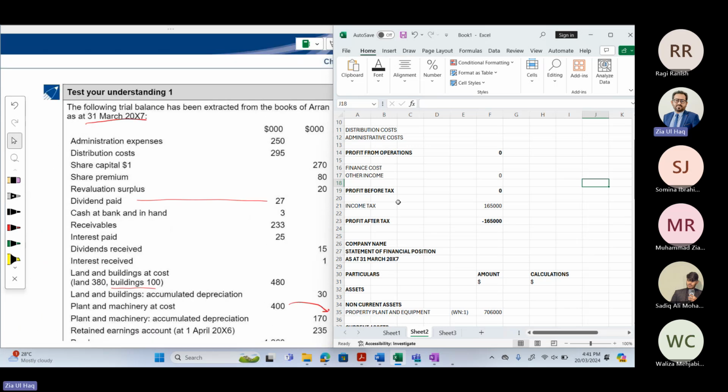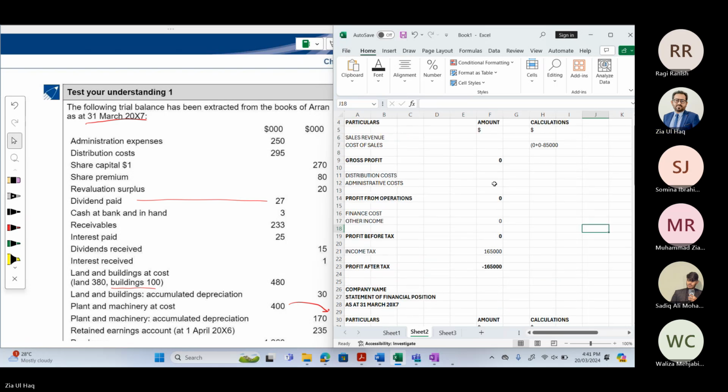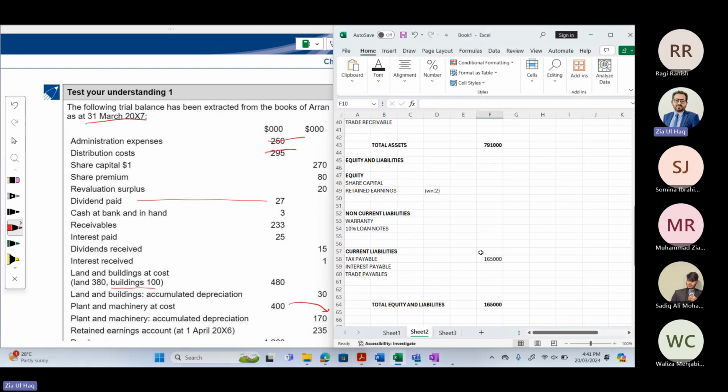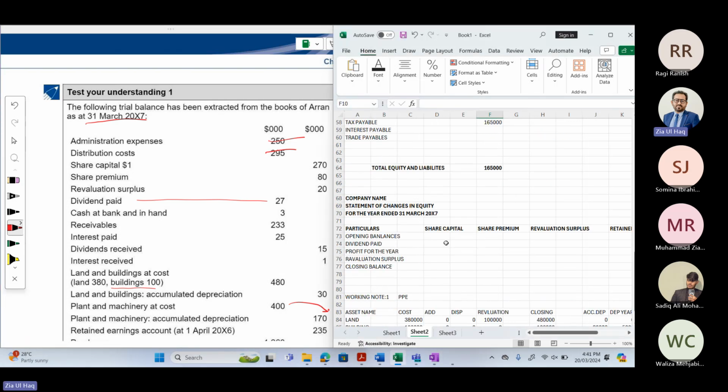So admin expenses 250,000. There is no adjustment in admin expenses. Distribution cost 295,000. There is no adjustment in distribution cost. What else are we having? So admin done, distribution done, share capital opening balance of 270,000.